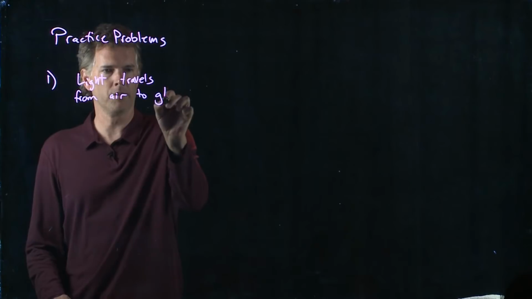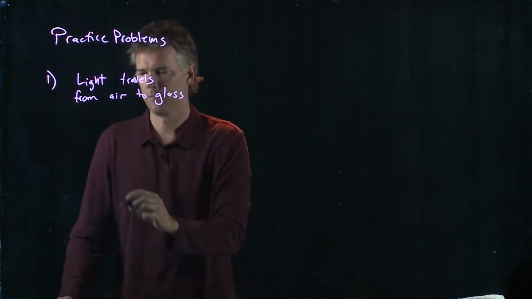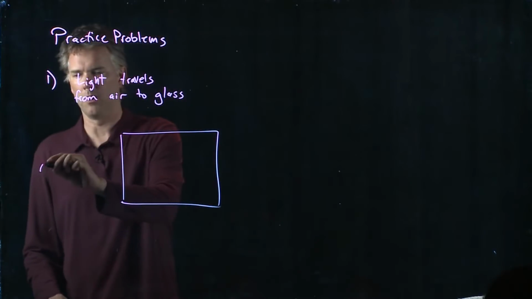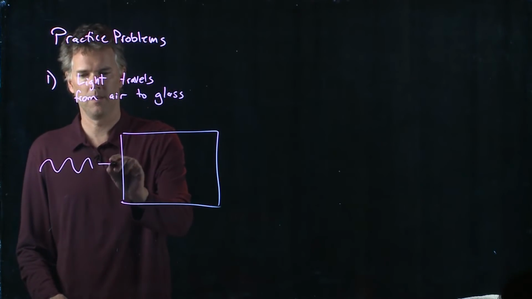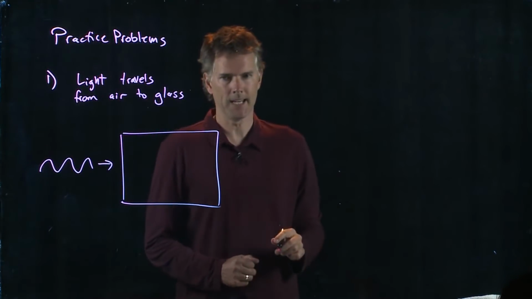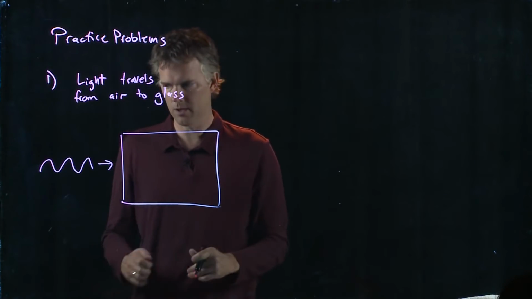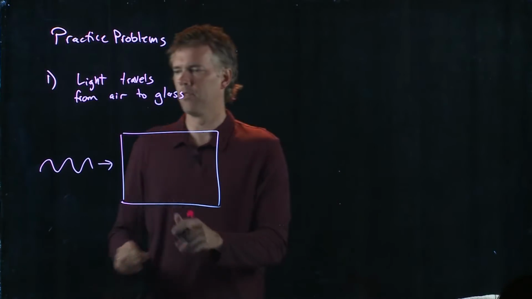Let's draw a little picture of this thing. Here's our chunk of glass. Here comes our light wave. And it's going to head into the glass, and something's going to happen to it. Okay? What happens to this light wave?